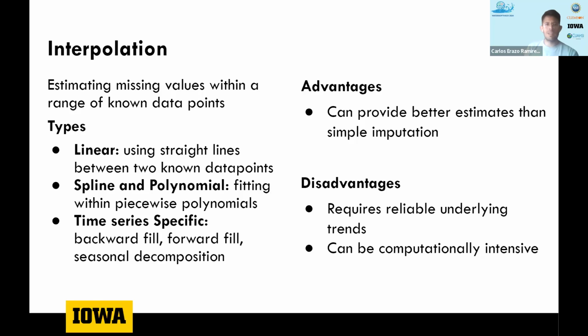What are the advantages of interpolation? It provides better estimates than simple imputation. Why? Because we have a more or less robust way of providing a closer value to what was supposed to be represented. Now, disadvantages: it requires reliable underlying trends.